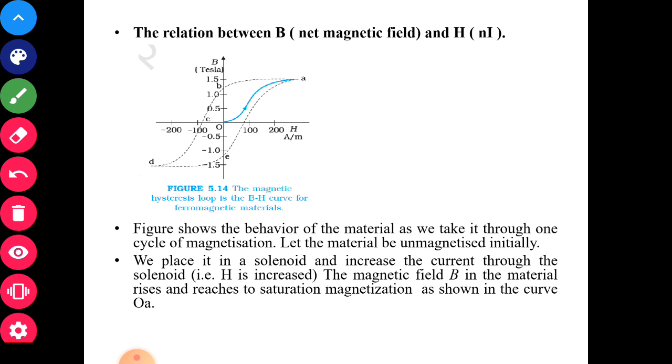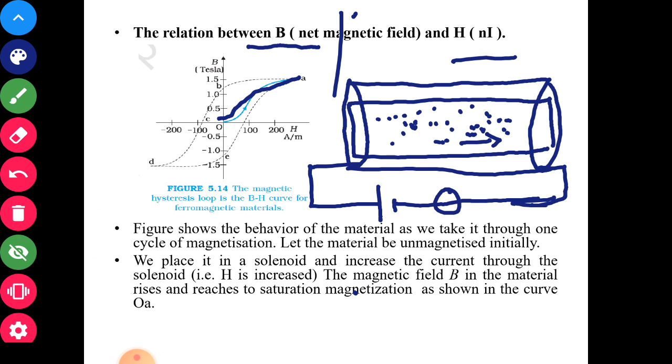The magnetic field B in the material increases and reaches a saturation magnetization as it is shown here in this curve OA. So this point A is the point where saturation magnetization is obtained. All the elemental magnetic dipoles within the substance are aligned in the direction of the external magnetic field.